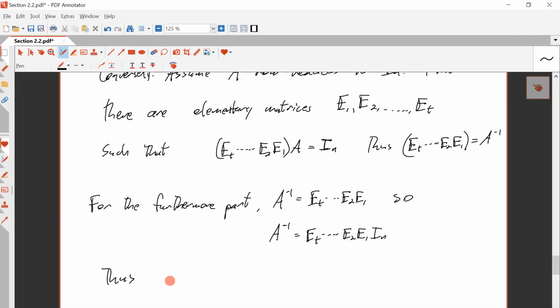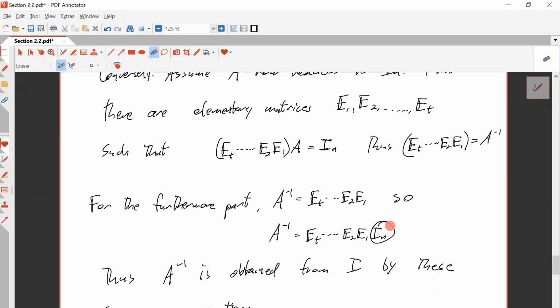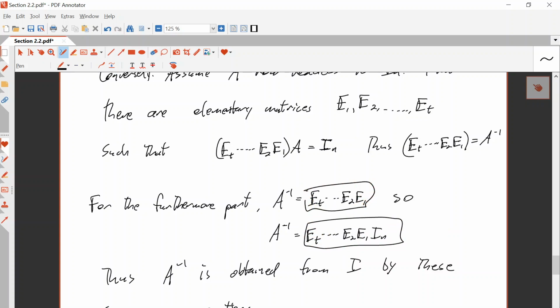Thus, A inverse is obtained from I by these same row operations. I can always multiply by the identity matrix on one side because it doesn't change anything. So this product is equal to that product just as a product.